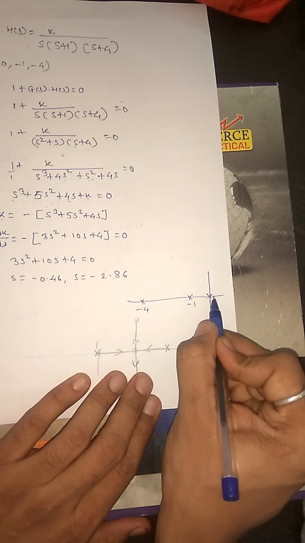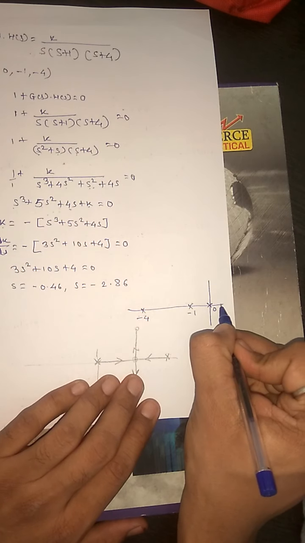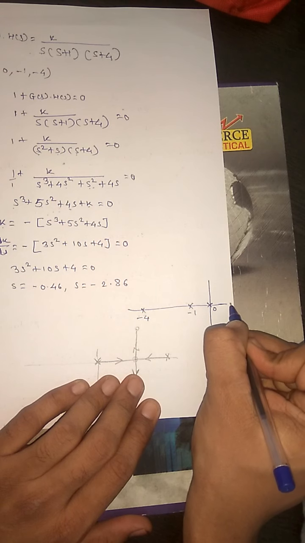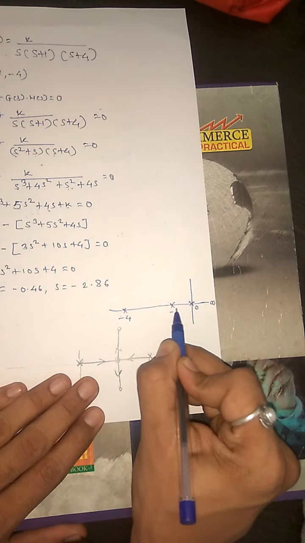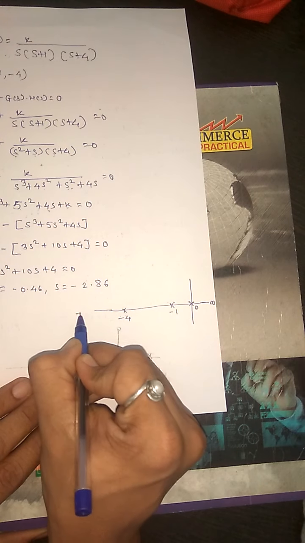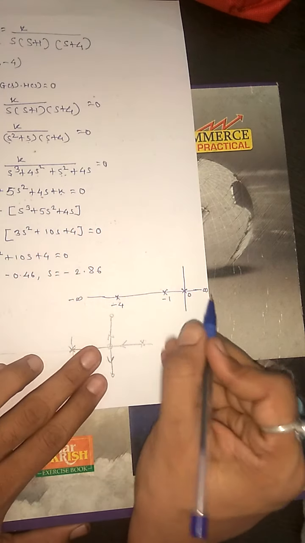These are the poles, that's why I marked them by cross. We don't have zeros. Then discussing the existence of root locus, rule number 3, the regions are: infinity to 0, 0 to minus 1, minus 1 to minus 4 and minus 4 to minus infinity.